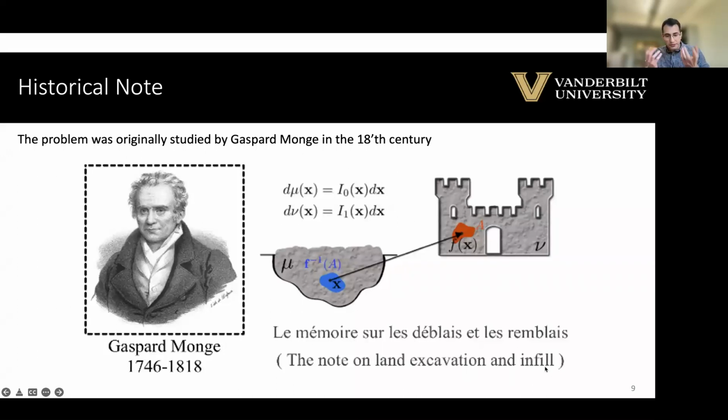And of course, a very natural notion when we're talking about excavating land and then infilling other areas is the cost of transportation. The mass is heavy, and you don't want to carry heavy mass for long distances because that's going to be inefficient, right? Nevertheless, this was the problem that he was studying at the time.